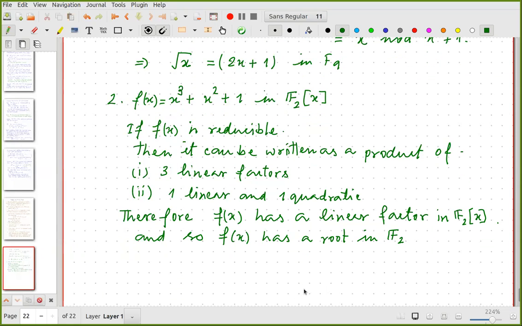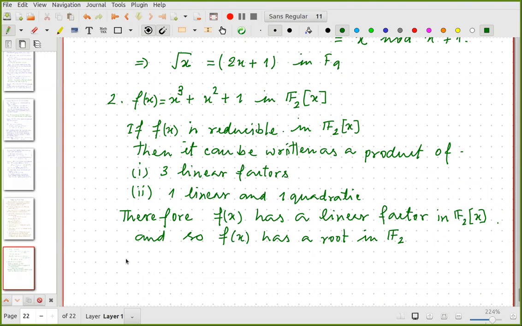So that makes the job easier. What we proved here is that if f(x) is reducible in F2[x], then it has a linear factor in F2[x], and consequently it has a root in F2.